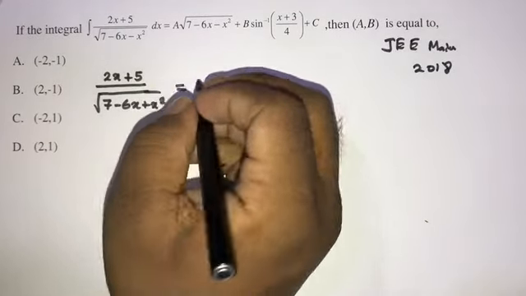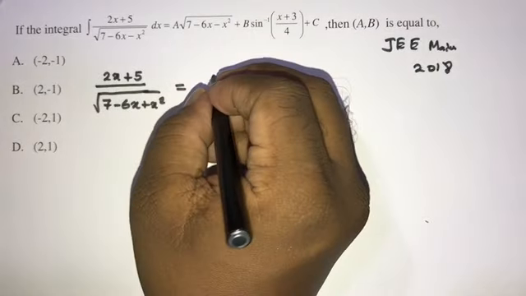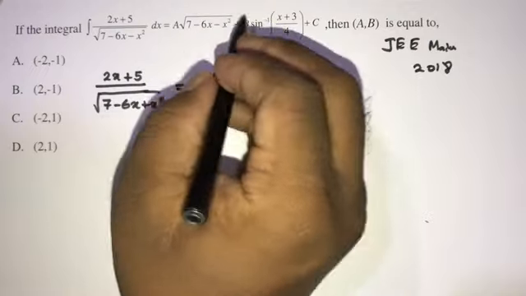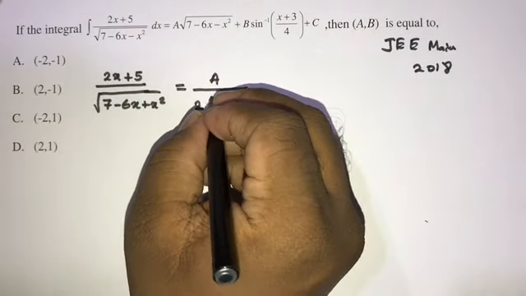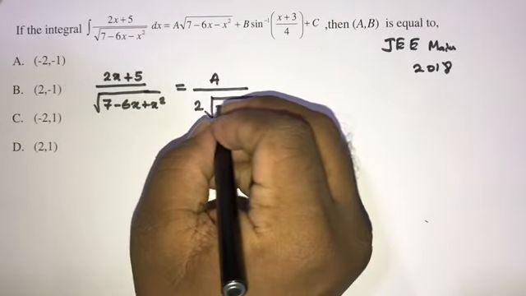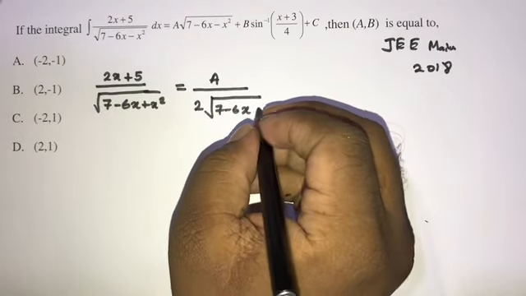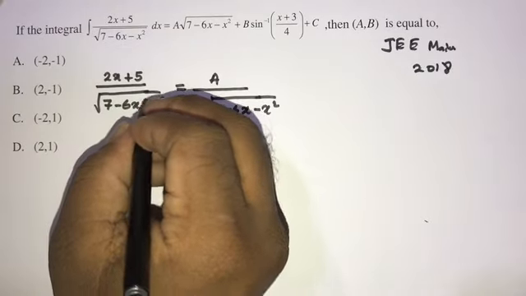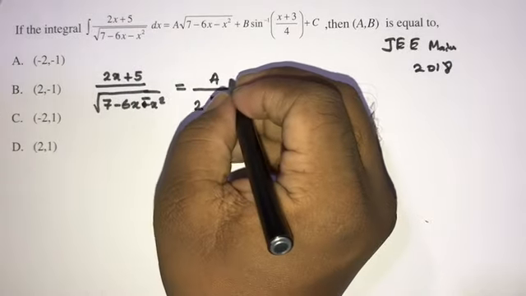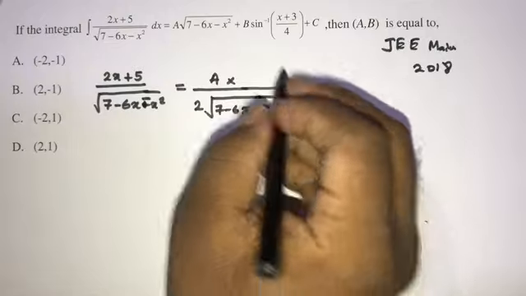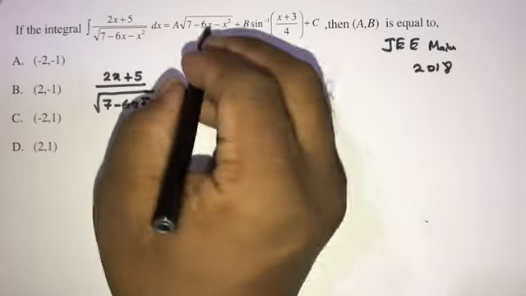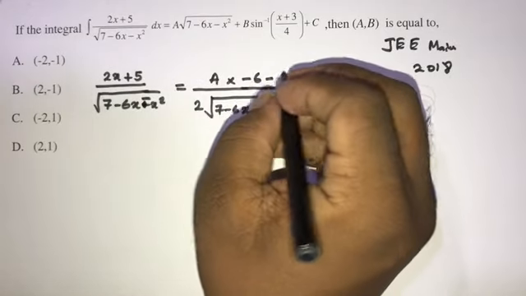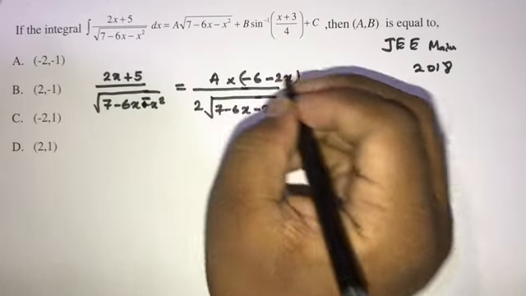So this is equal to, here a is a constant, so a over the derivative of the square root function, so 2 times square root of 7 minus 6 times x minus x square, sorry, here minus, and according to the chain rule, the derivative of this function inside a function, so minus 6 minus 2 times x.